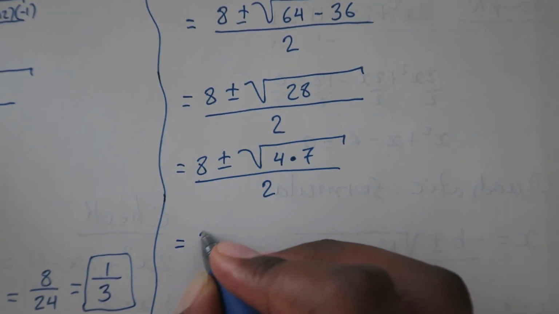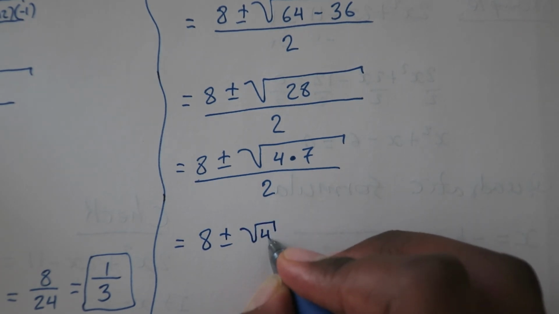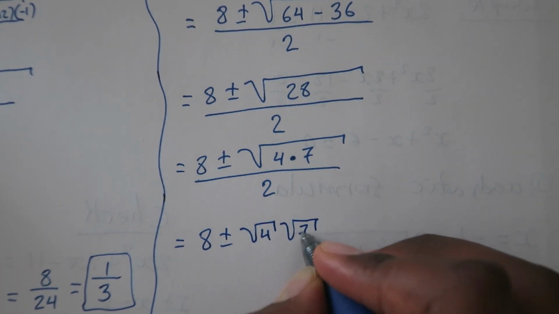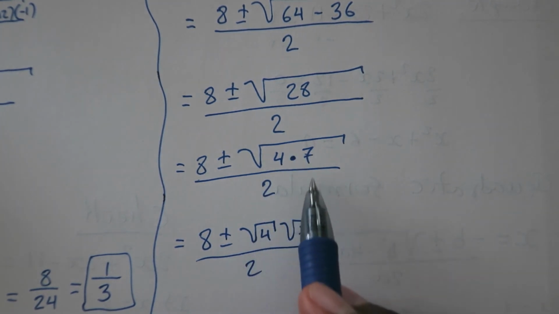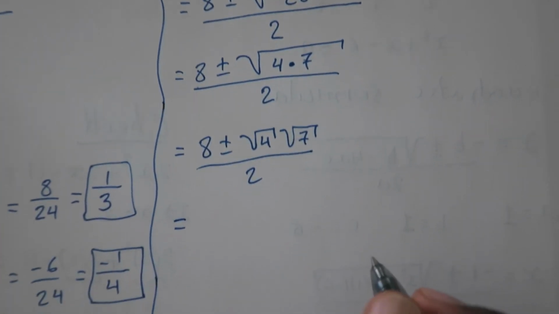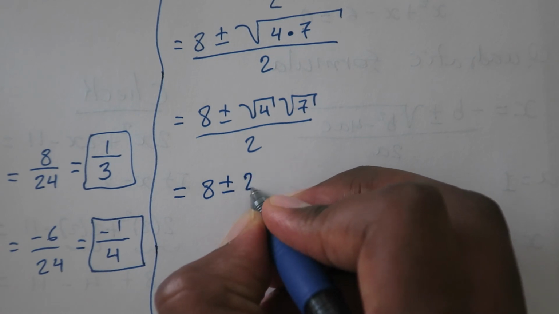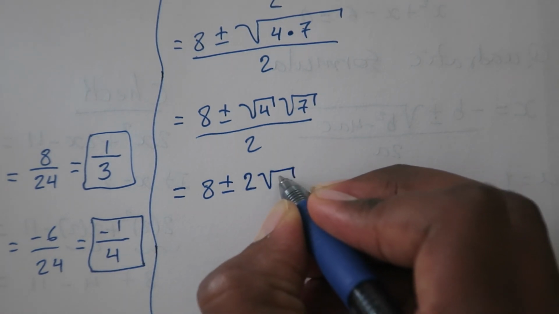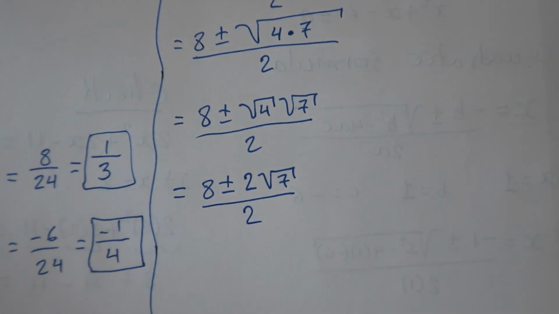So this would be written as 8 plus or minus the square root of 4 times the square root of 7 divided by 2. Now, if we continue here, the square root of 4 is equal to the number 2. And with square root of 7, I can't simplify it, so I'll just leave it as that and divide it by 2.